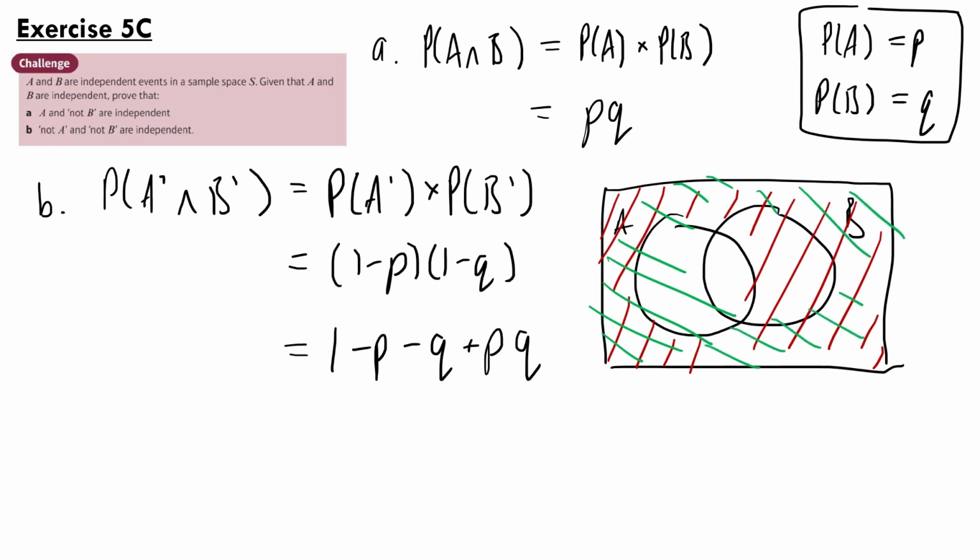Okay, and you can see that their intersection is everything apart from these two circles here. So everything outside of these two circles has red and green in it.